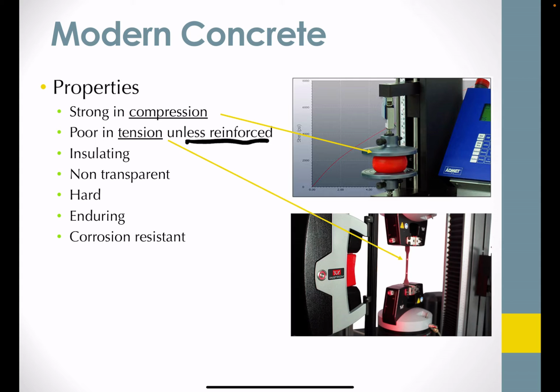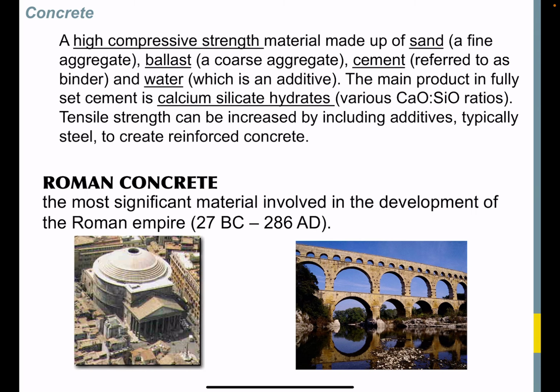It's also insulating, and therefore plays a role in management of temperatures in building structures. It's also very hard, enduring, and lasts a long time, and is very corrosion resistant to contribute to that longevity. In the photographs here, you see some mechanical test fixtures addressing both compression and tension, touching on the mechanical properties in the first 2 bullet points.